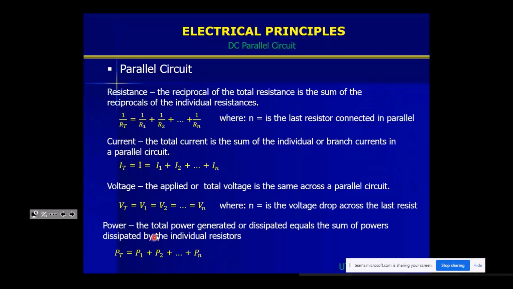So therefore, they are equal. Again, for the power, generated power is equal to dissipated power. So whatever the connection is, you add all the power to get the total power.